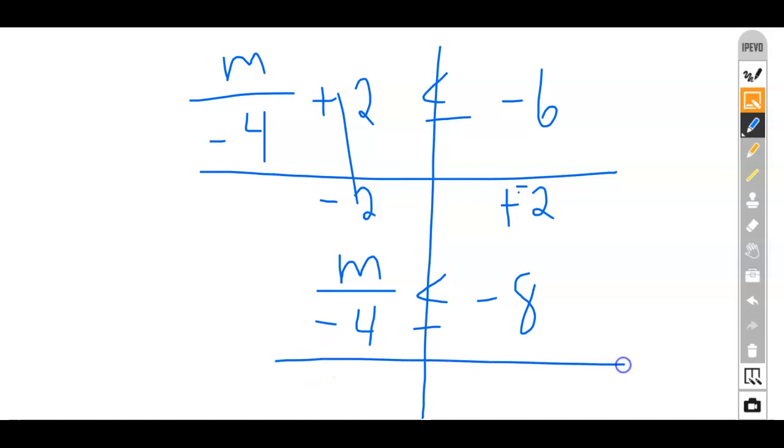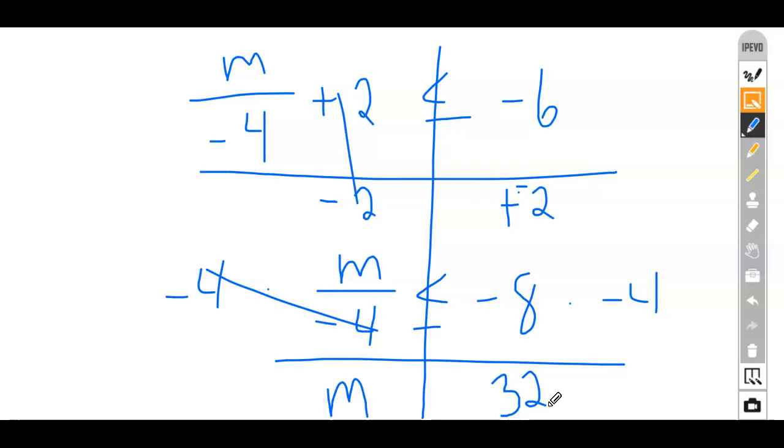And then what do I do to get rid of the negative 4? Right, multiply by negative 4 because they are dividing. So I'm going to do the inverse operation. And what's negative 8 times negative 4? Positive 32, right? And do I flip my inequality symbol on this one?